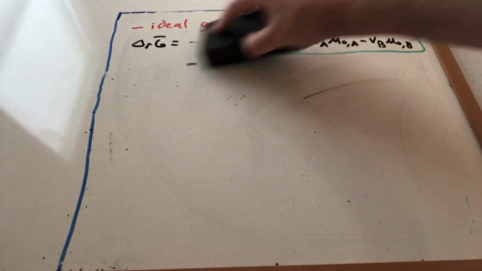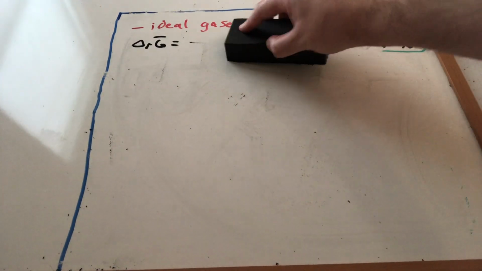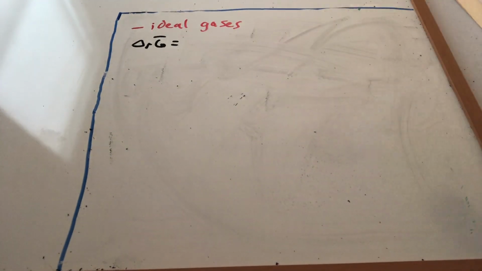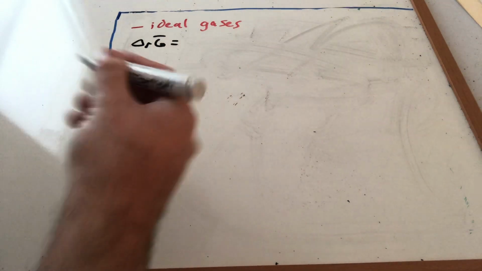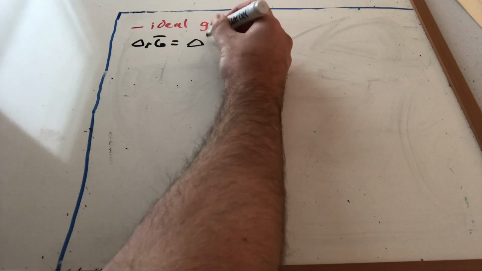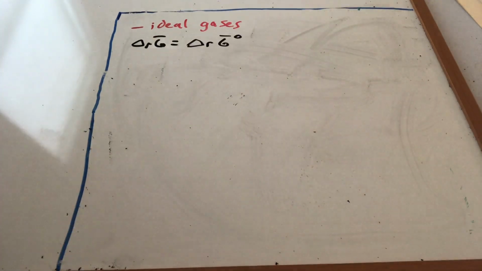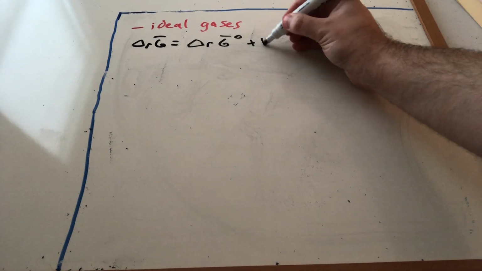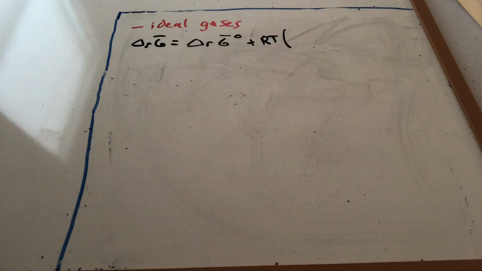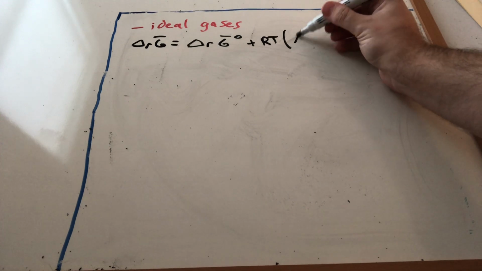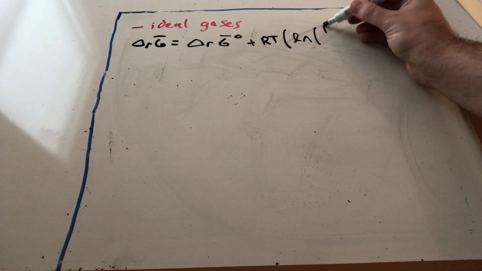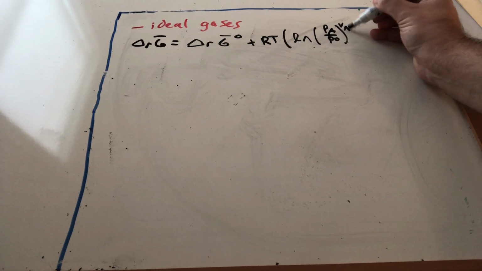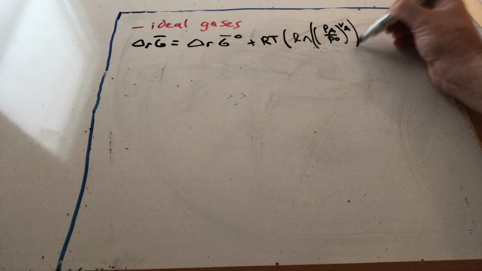And I will write down some intermediate steps here so you see what I'm saying. My delta G for my reaction, which may or may not be under standard conditions, right? We're keeping it general. Starts off with a delta reaction G naught, all right? Then we're going to have a plus RT, and then we're going to have four terms inside here. We're going to have the natural log of PA over P naught raised to the VA, right? All that's inside a natural log.